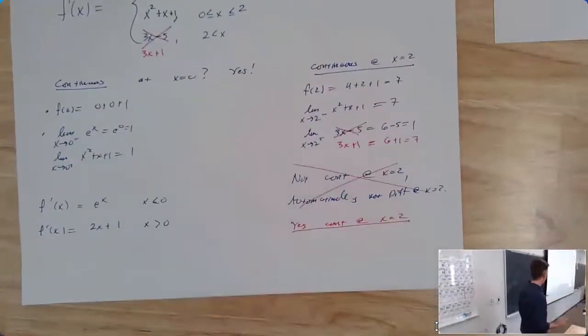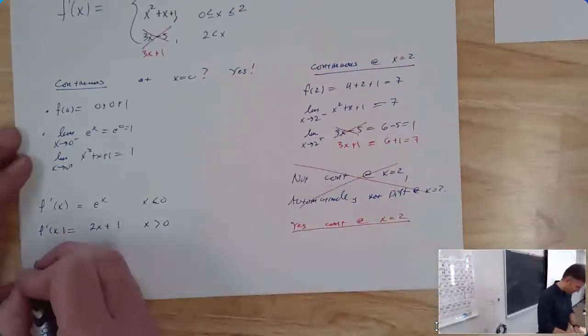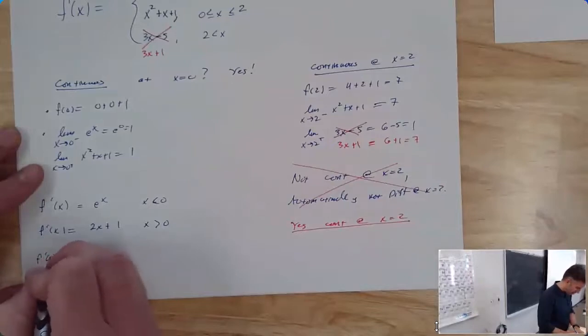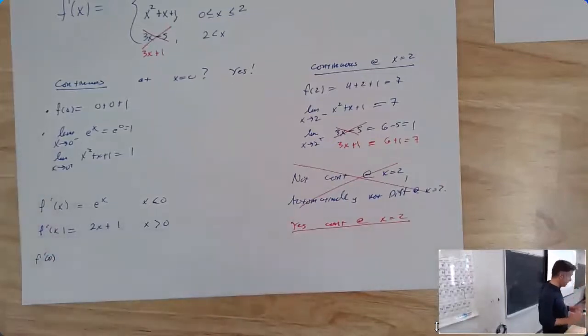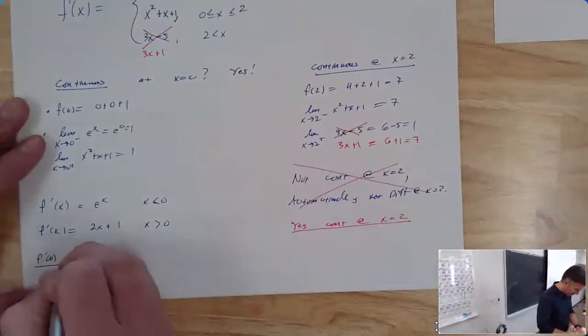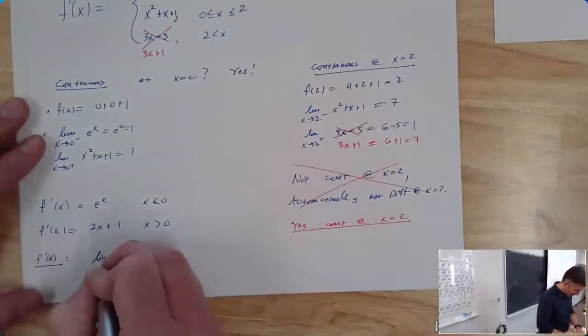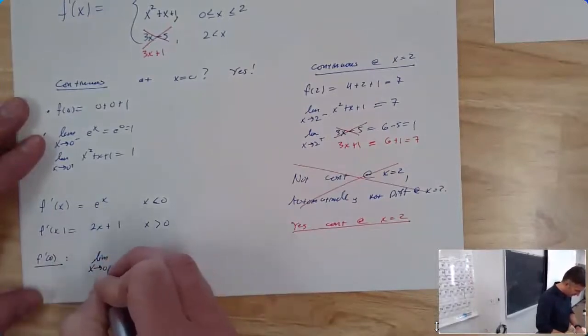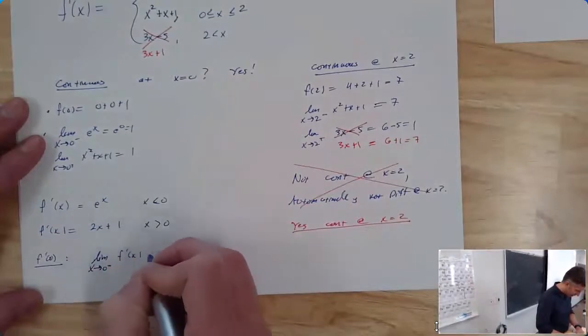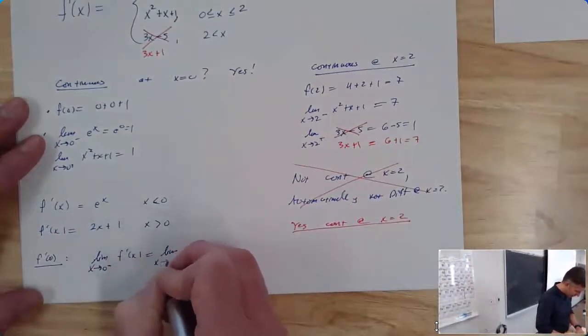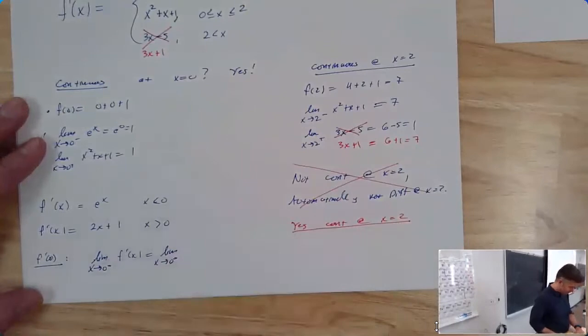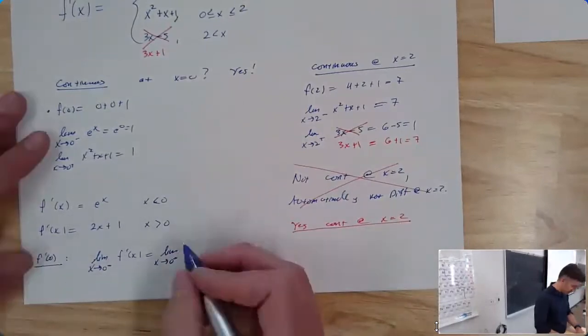So to see if the derivative actually exists at 0, to find f prime at 0, I'm just going to make sure that the limit from either side exists. So to find f prime of 0, the limit as x approaches 0 from the left of f prime of x is the limit as x approaches 0 from the left of the derivative on the left of 0, which is e to the x.